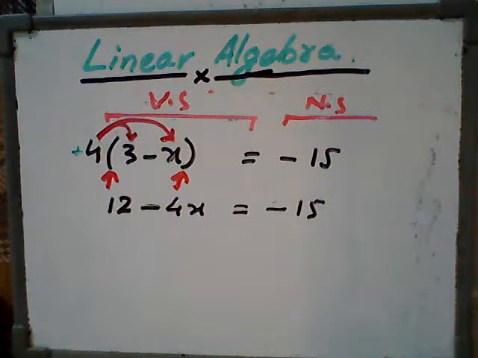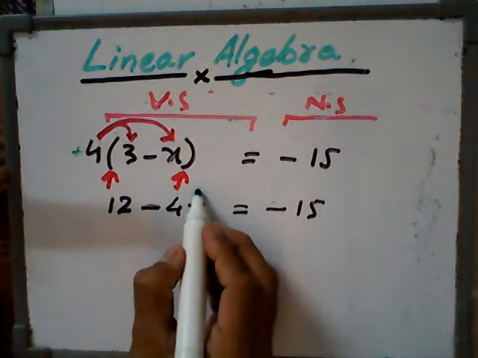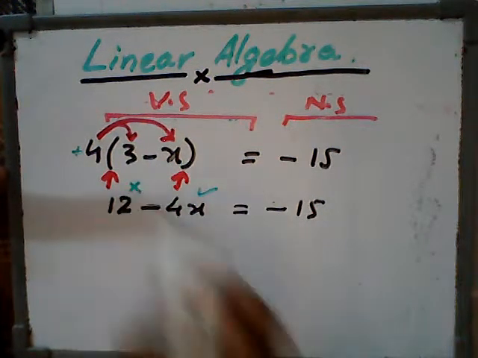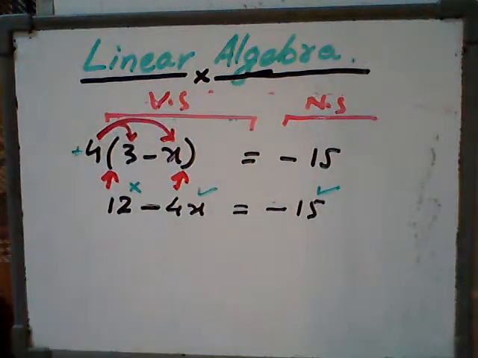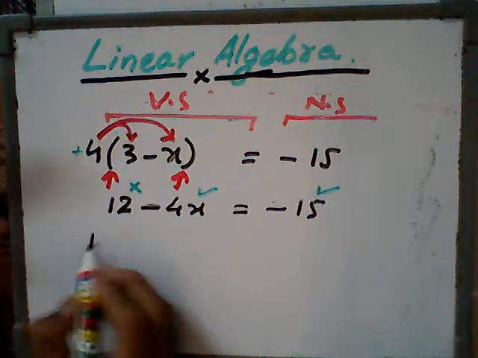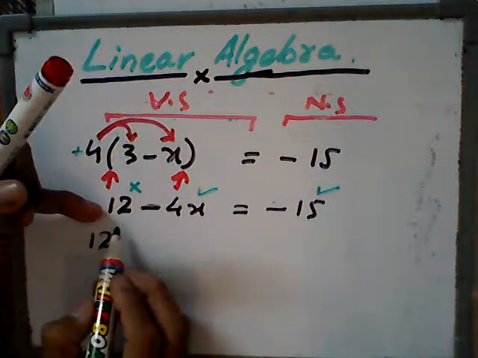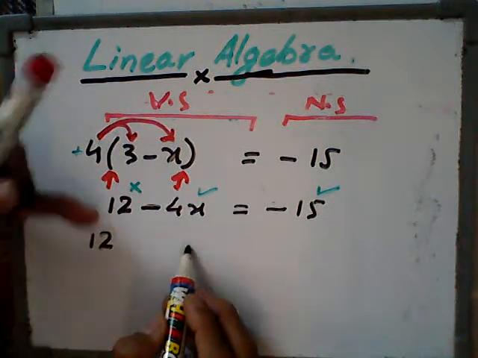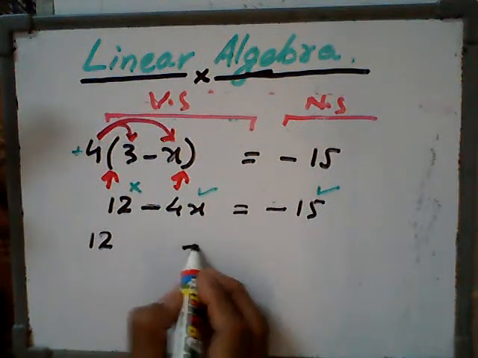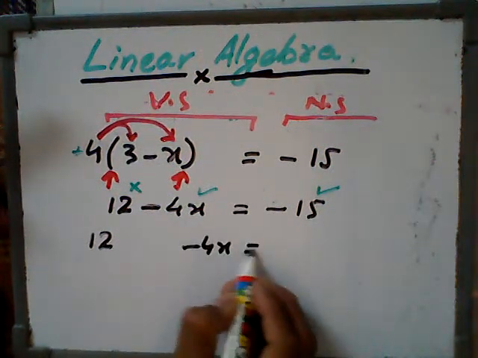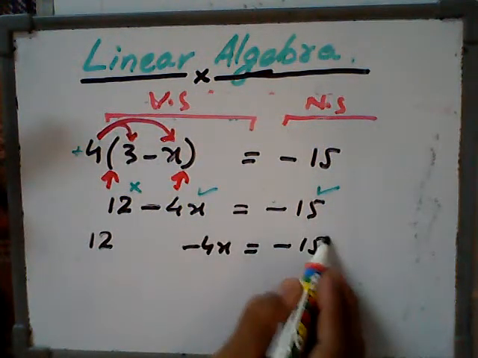Now we'll see that there is a variable side and a number side. This is the right place, wrong place, and right place. So it means this 12 needs to be moved. So what to do? We'll do the same thing here, but because we are dealing with this 12, we'll give some space and then write the variable part, minus 4x, is equal to minus 15.